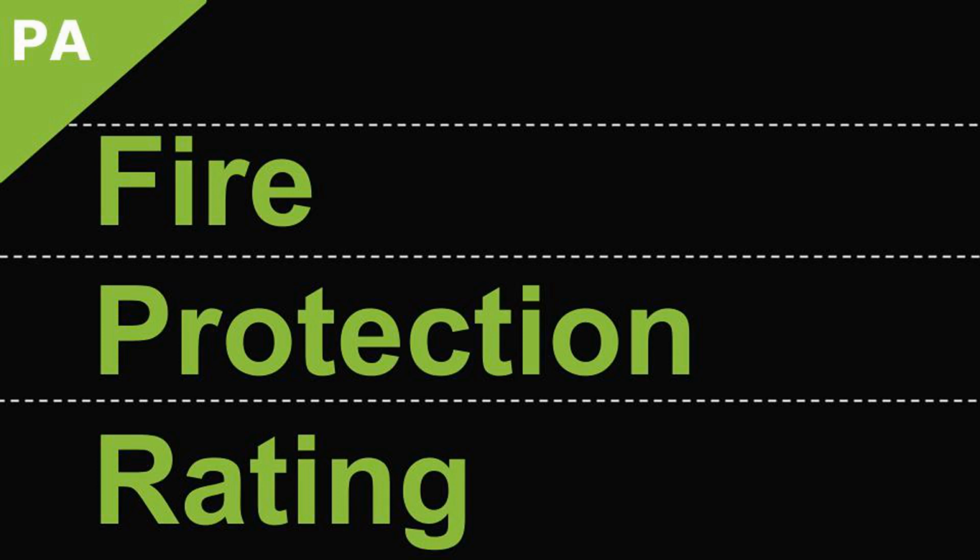An assembly that is required to have a fire protection rating must withstand fire exposure and thermal shock, the same as for a fire resistance rating, but it is not required to withstand heat transmission, unlike for a fire resistance rating. These requirements are located in Chapter 7, Fire and Smoke Protection Features.